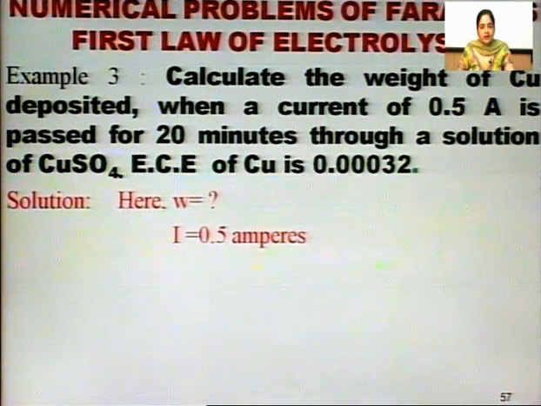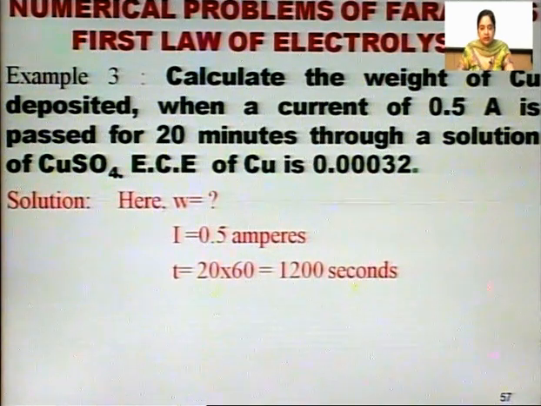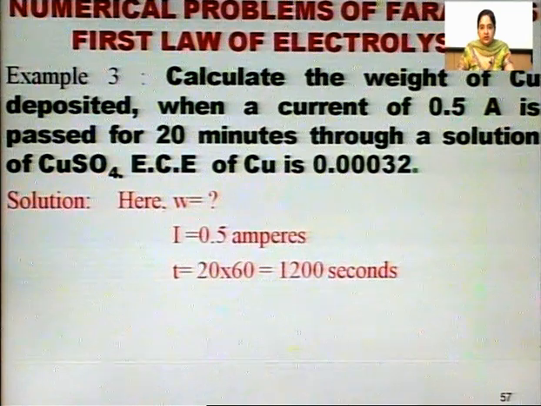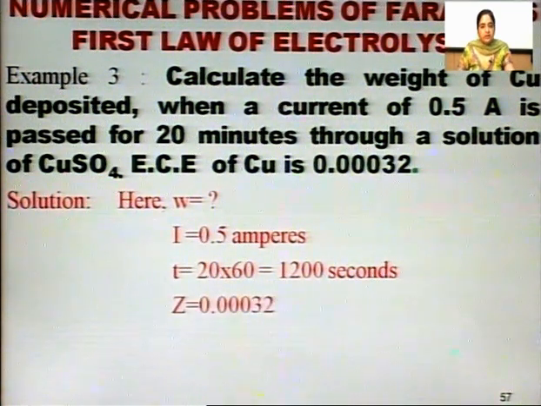Here the current I is equal to 0.5 ampere. T is equal to 20 into 60, equal to 1200 seconds. Z, that is the ECE of copper, is equal to 0.00032.